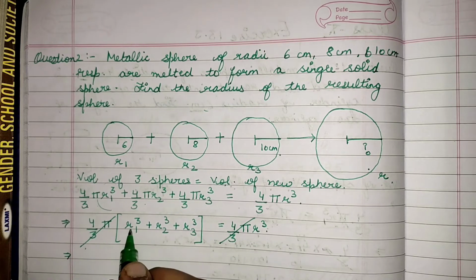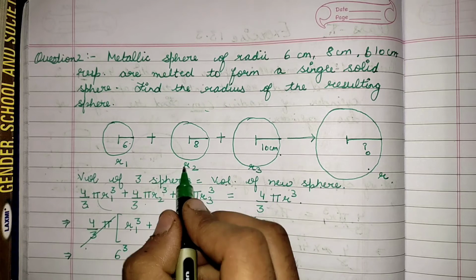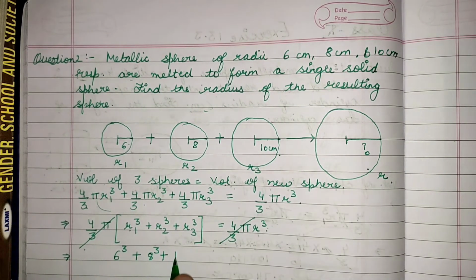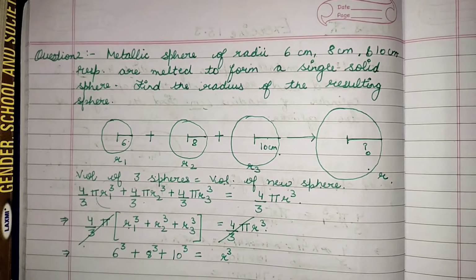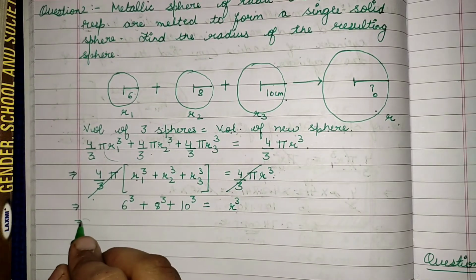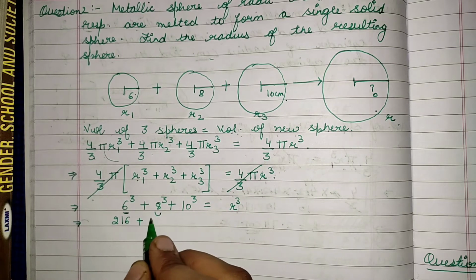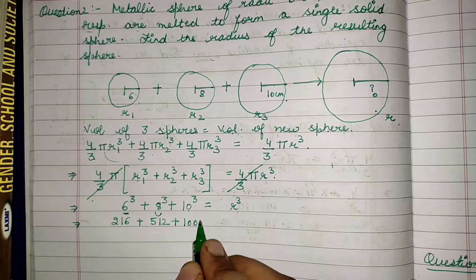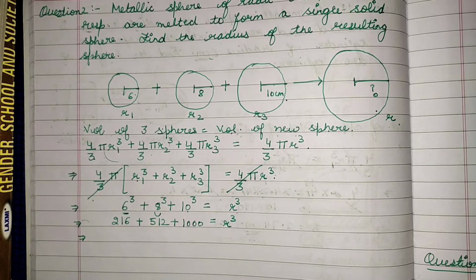So I will get r1 cube. R1 is 6 cube plus r2 is 8 cube plus r3 is 10 cube is equal to r cube. Once you solve all of this, 6 cube is 216, 8 cube is 512, and 10 cube is 1000, which is equal to r cube.